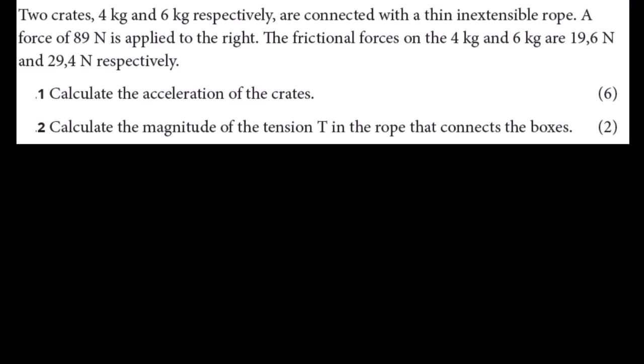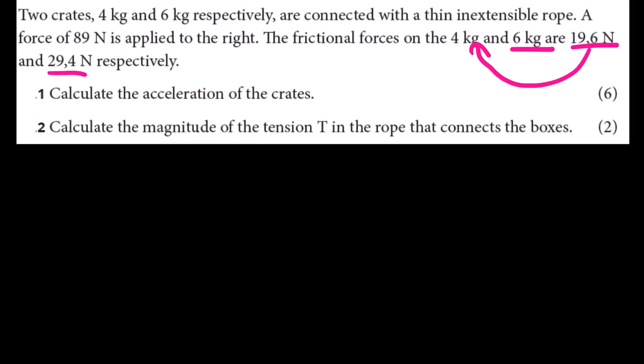This simply means that this kinetic friction is for the 4 kg, then this kinetic friction is for the 6 kg. The question says calculate the acceleration of the crates. Second question, calculate the magnitude of the tension T in the rope that connects the boxes.